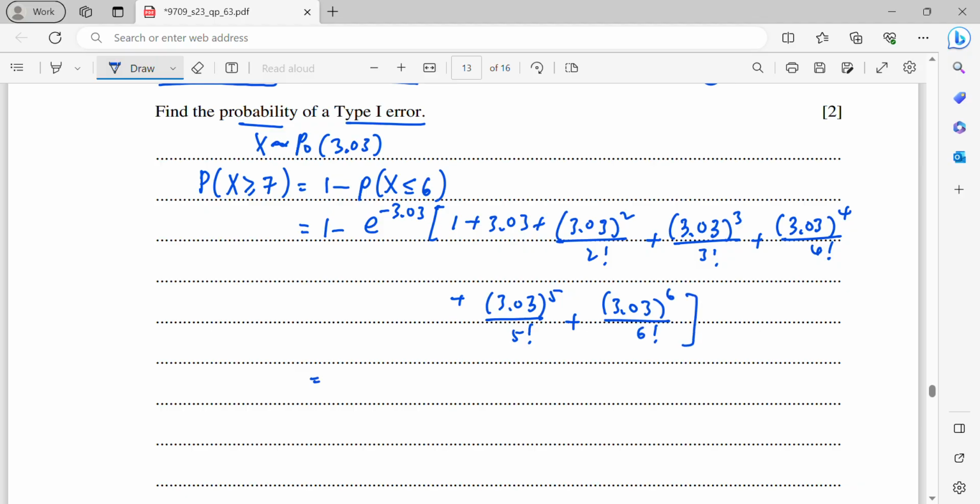From here you will get 1 minus 0.96496. Then at last you get 0.0350. So this value is less than 0.05, less than your alpha.